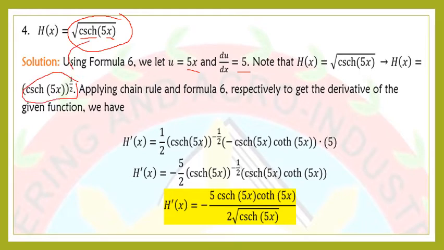So ito yung exponential form ng given natin. So applying the chain rule and formula 6 respectively to get the derivative of the function. So we have h prime of x is equal to 1/2. Okay, bring down natin si 1/2, diba? Applying chain rule man daw. Okay, and then after that, saka si formula 6.